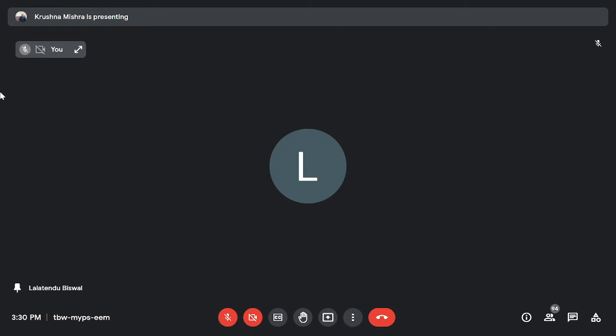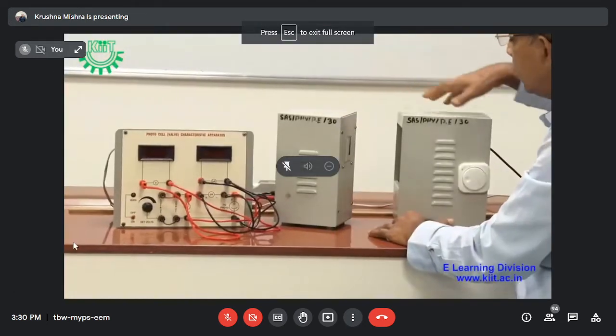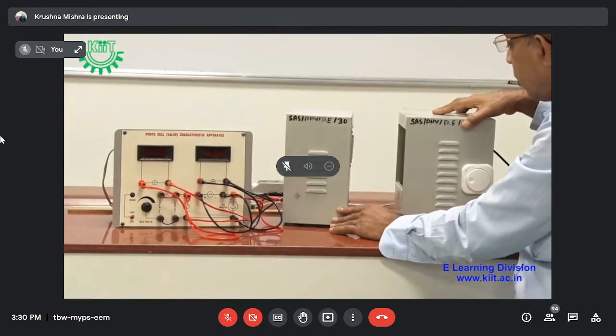Otherwise, proper illumination of light will not take place, so that emission of electrons will not be complete. So this window should be kept facing towards the source of light.